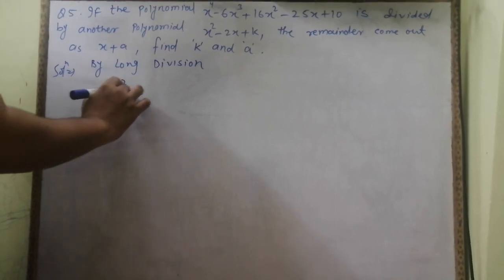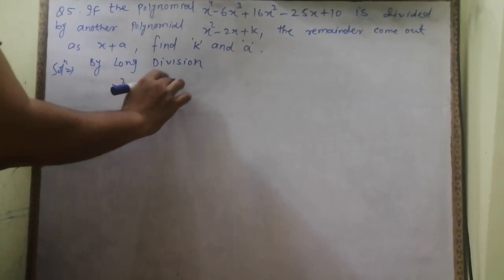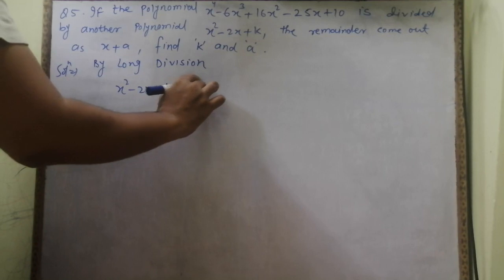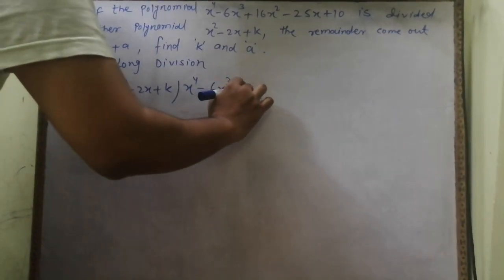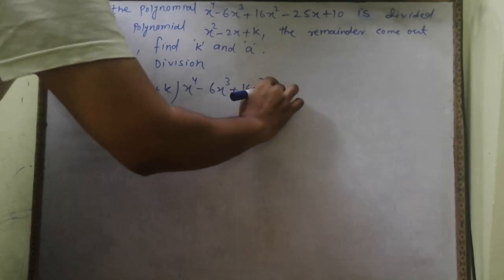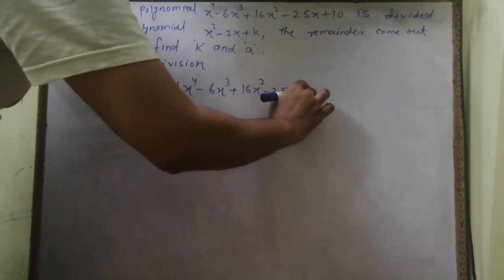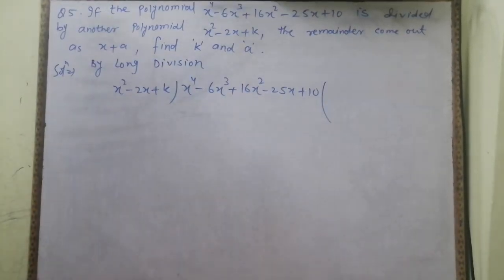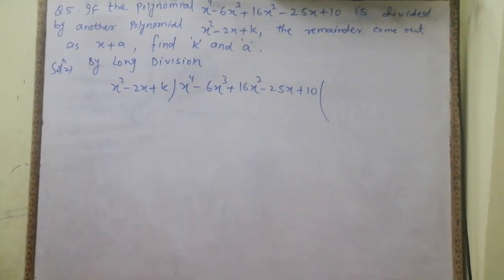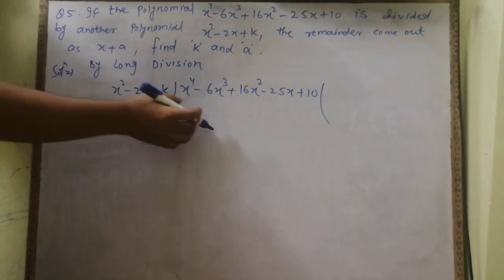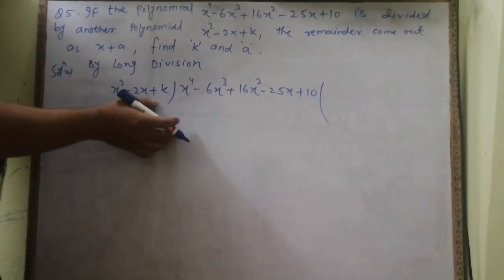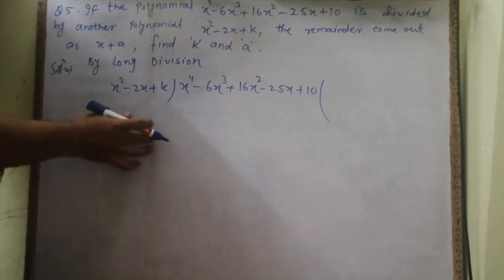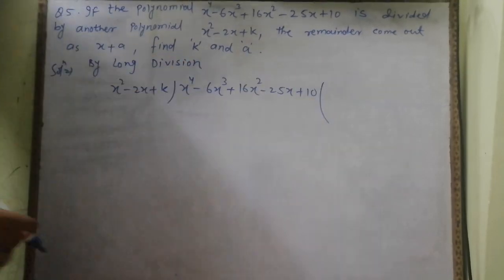Divide x to the power 4 minus 6x cube plus 16x square minus 25x plus 10 by x square minus 2x plus k. As we have learned in the division process, we write a term x to the power 4 by multiplying something with the divisor.